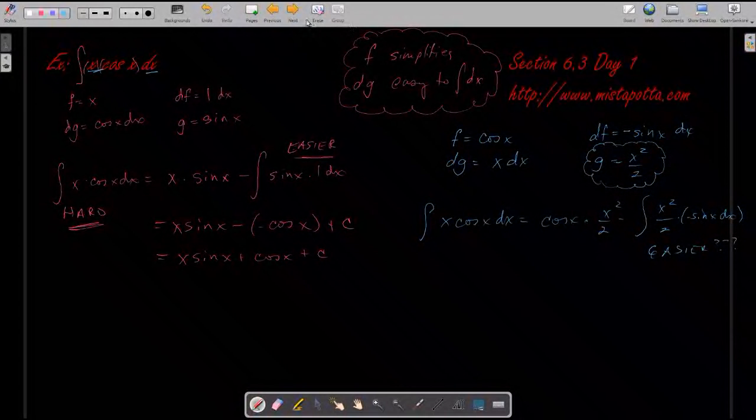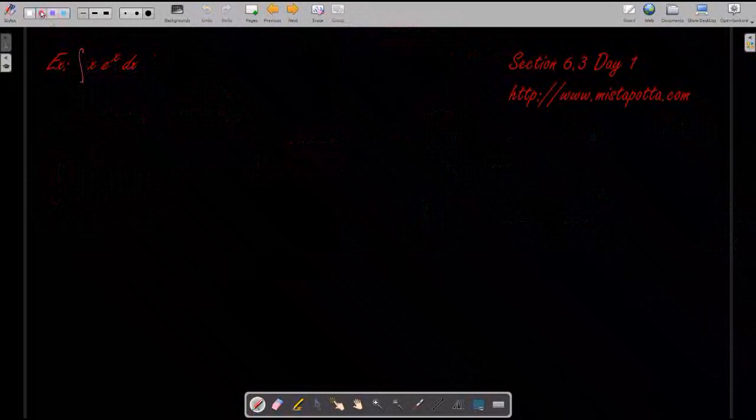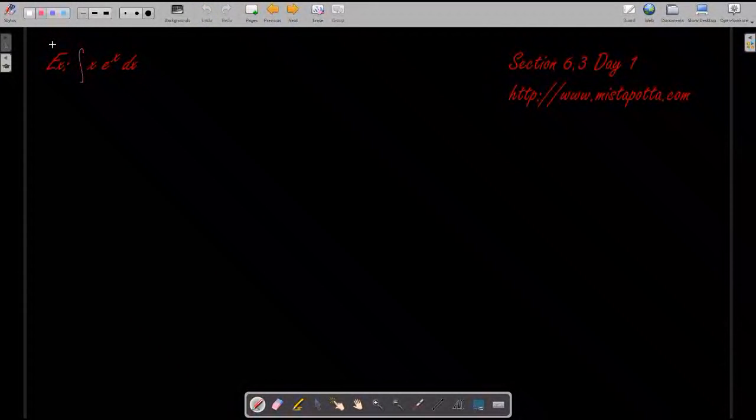So in our third example here, I've got the antiderivative of x times e to the x. Remember that we're choosing f so that f simplifies when we take the derivative, and dg should be easy to integrate.